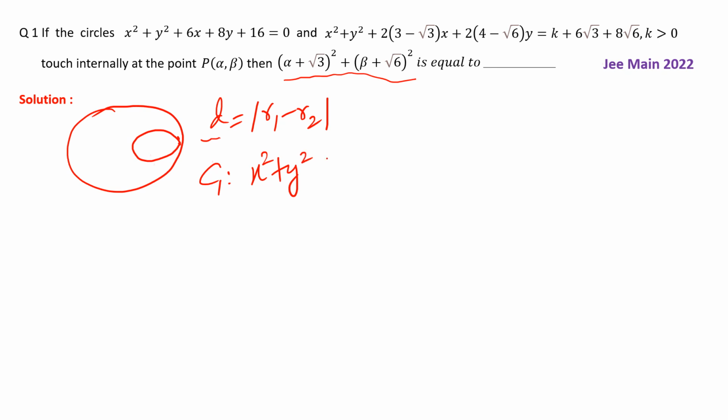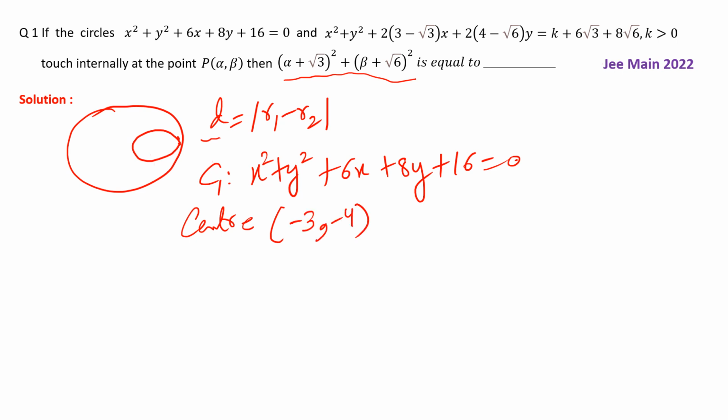First of all, we'll be finding its center and radius. The center of this circle comes out to be (-3, -4), and the radius, let me call this R1, comes as under root of 9 plus 16 minus 16, which is just 3. Fine. Now let me call the second circle C2.